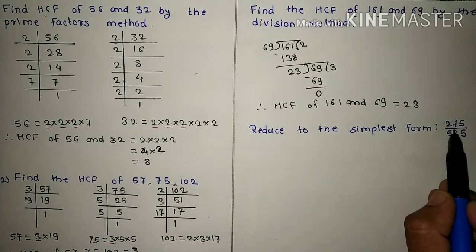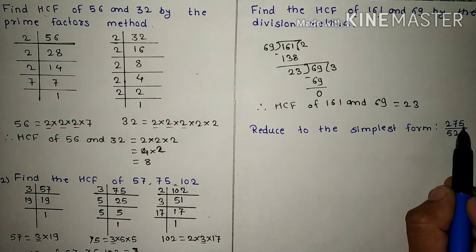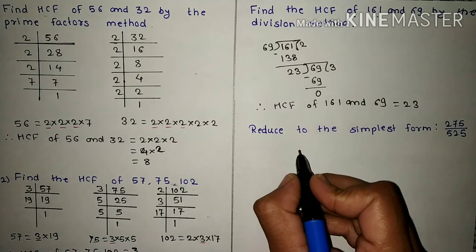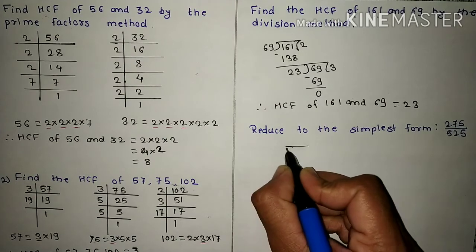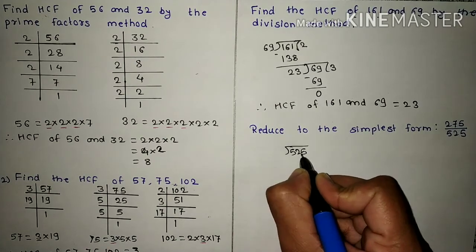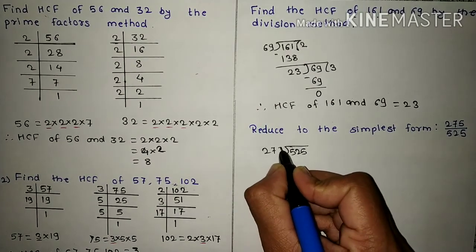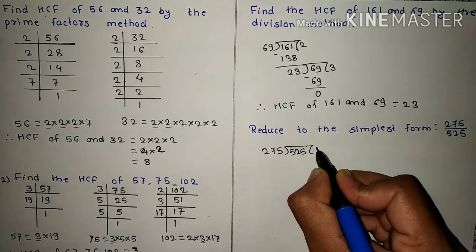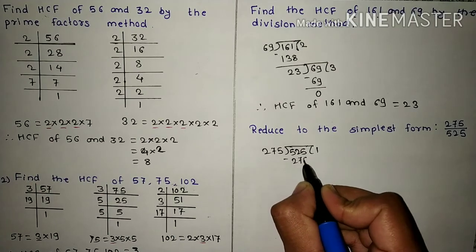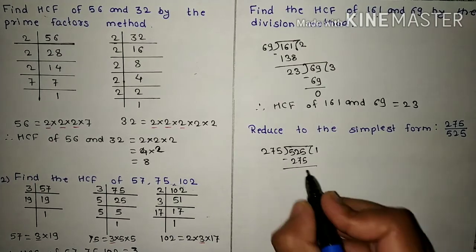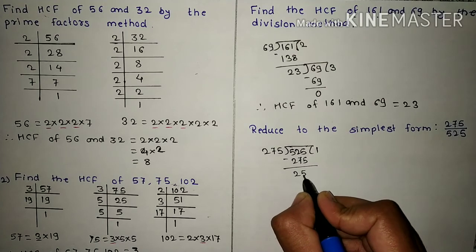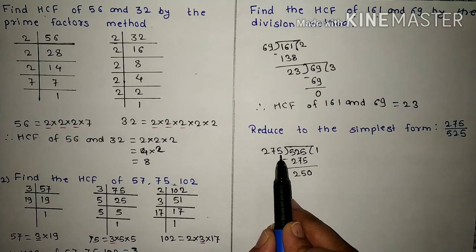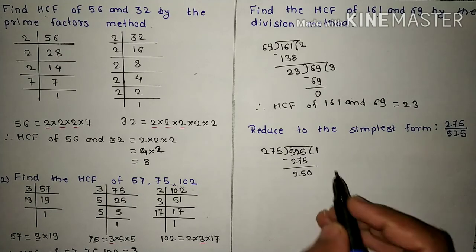Here the smaller number is 275 and the greater number is 525. Therefore we divide 525 by 275. Quotient 1; 275 ones are 275. After subtraction we get 250.